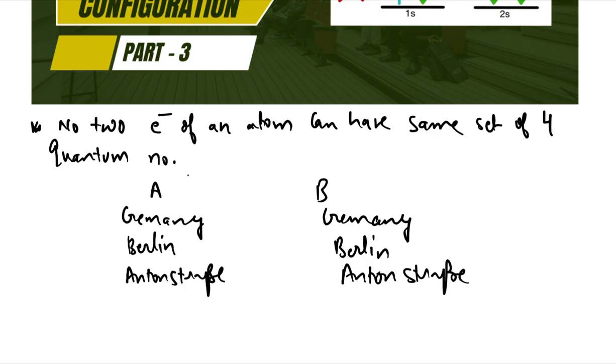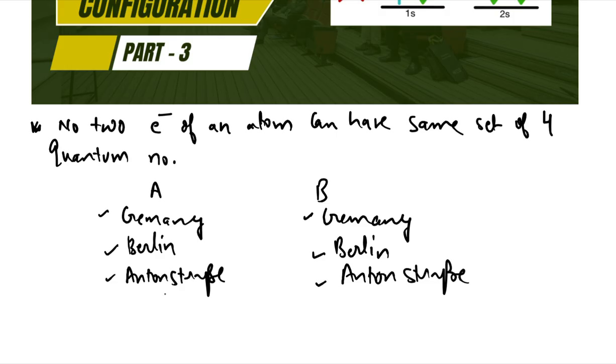So we have 4 quantum numbers, right? As per this rule, the Pauli exclusion principle says that two electrons of the same atom can have the same 3 quantum numbers, but the fourth one needs to be different.